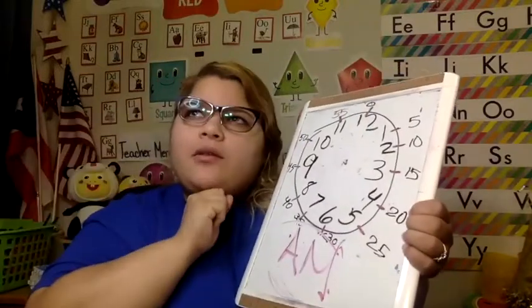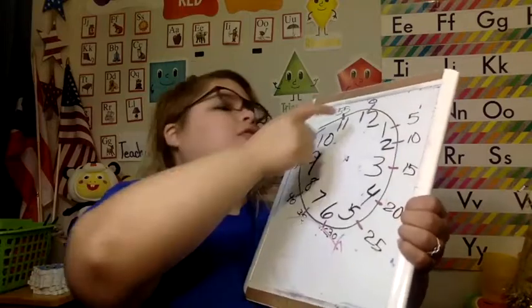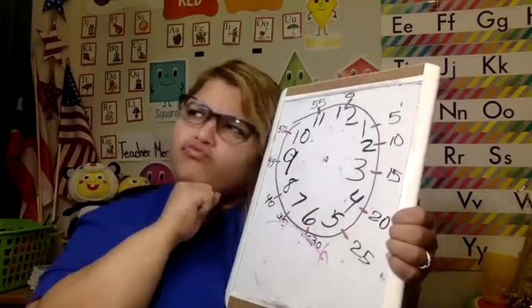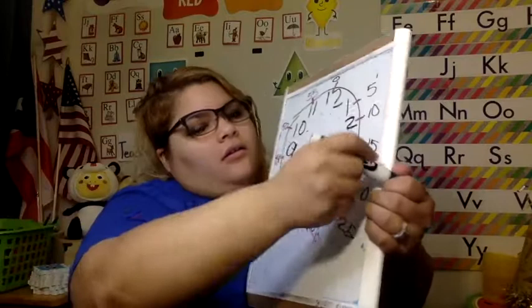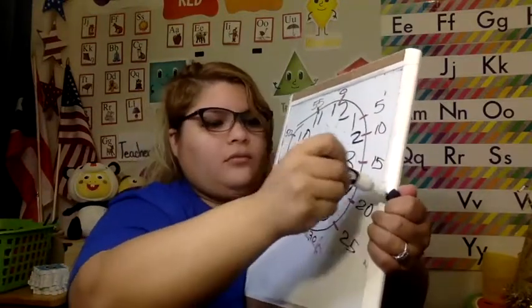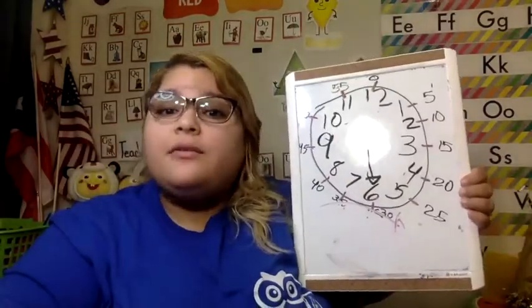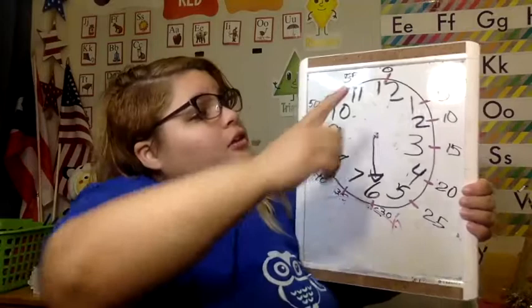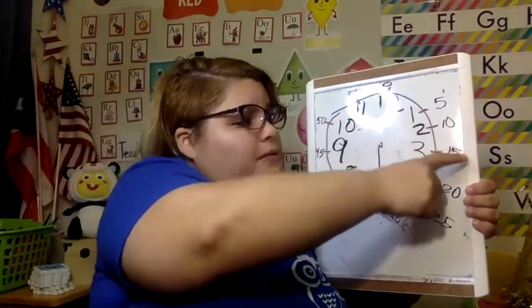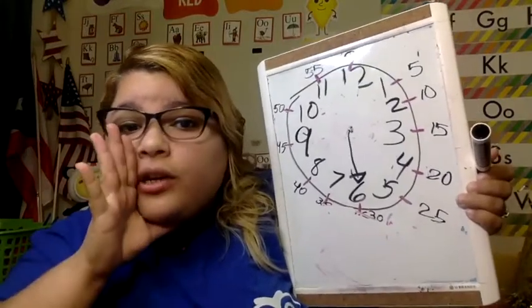What about if the long hand is not on the 12? Like this, long hand. Remember when I told you that we count the minutes in fives? So we have 5, 10, 15, 20, 25, 30. It means it's 30 minutes.